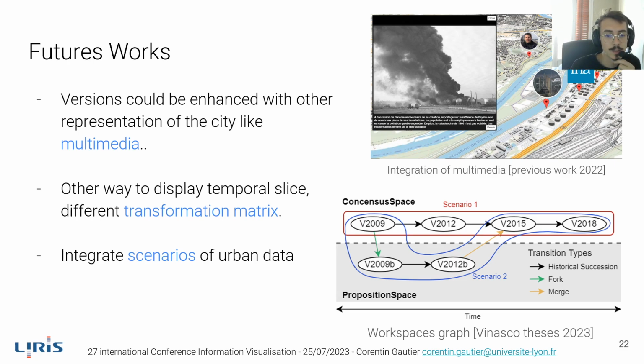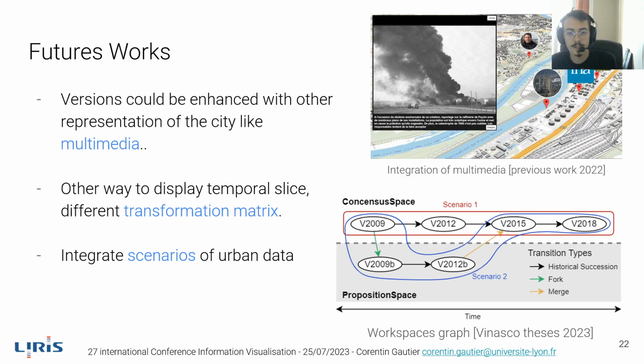Another interesting future work could be a collaboration with the workspace graph made by UNESCO thesis. They tried to represent a graph of different scenarios of data for the district.